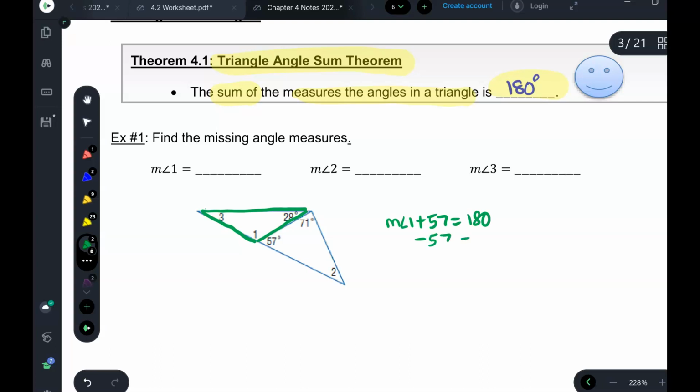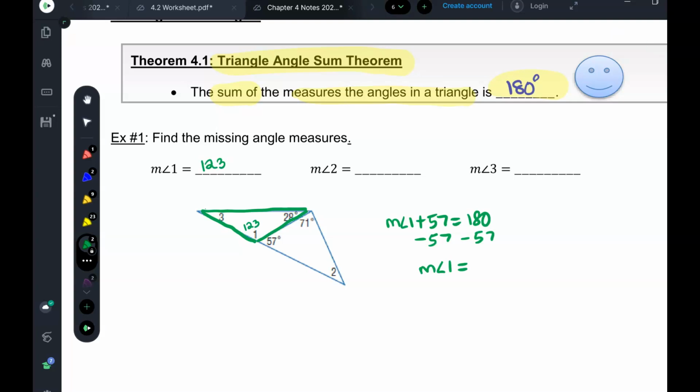Let's subtract 57. Good, so angle 1 is 123.